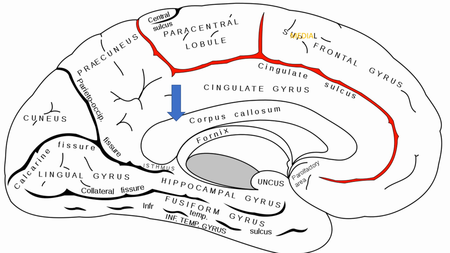So, on the medial surface, you have to identify the corpus callosum, callosal sulcus, cingulate sulcus and cingulate gyrus, the paracentral lobule and its boundaries, the calcarine sulcus and the parieto-occipital sulcus, and the two gyri, the cuneus and precuneus.